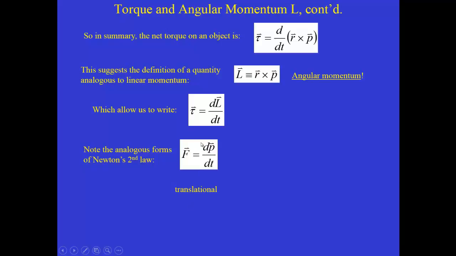So we have a version of Newton's second law for linear motion, and then we have a version of it for rotational motion, and they're expressing similar relationships but for slightly different quantities. And this angular momentum definition will give us a new physical law that we'll get to in just a minute.